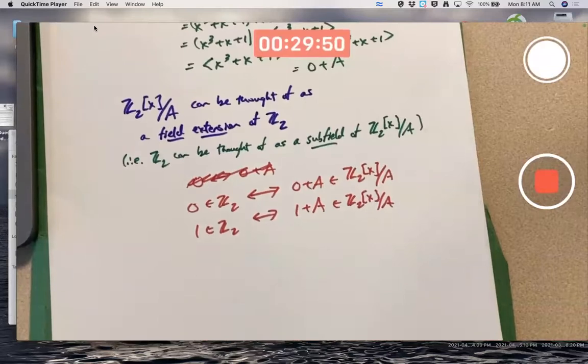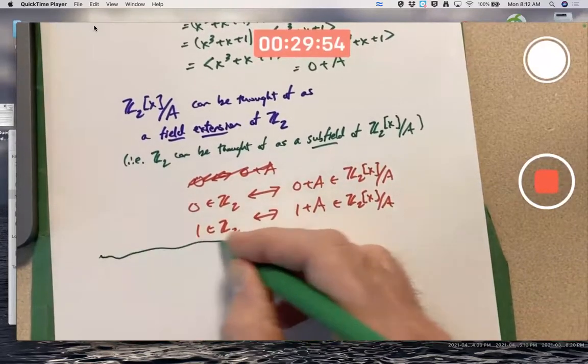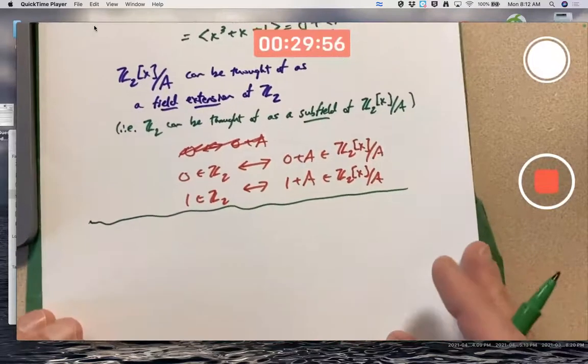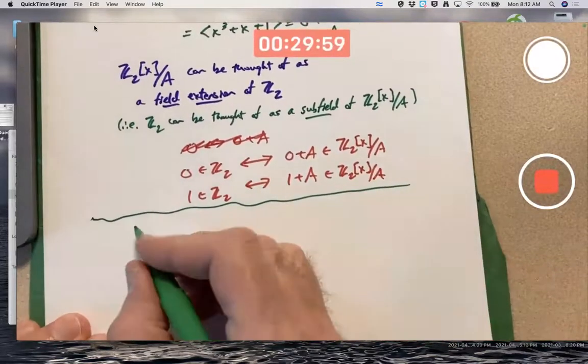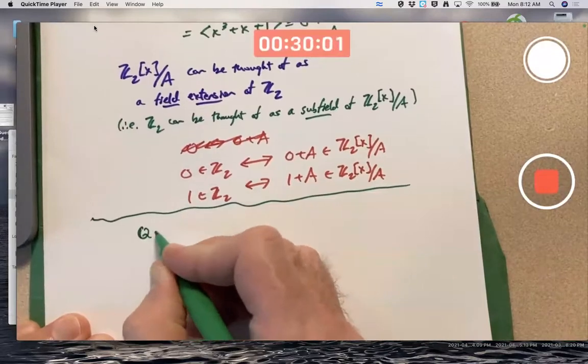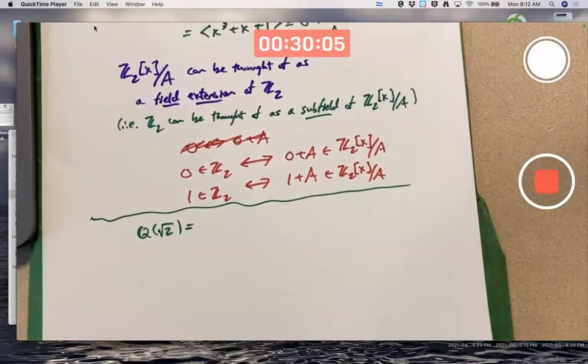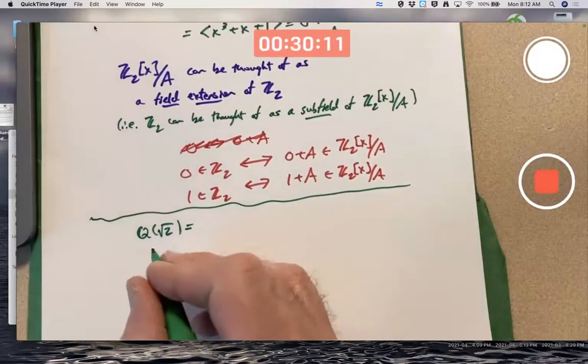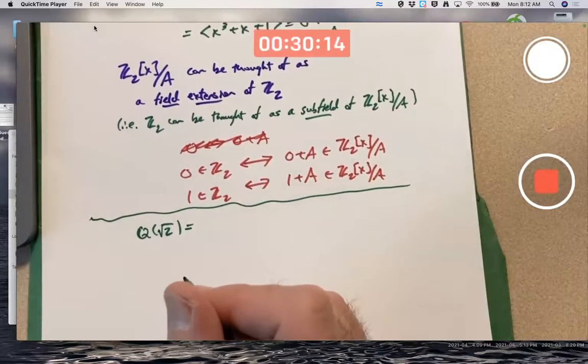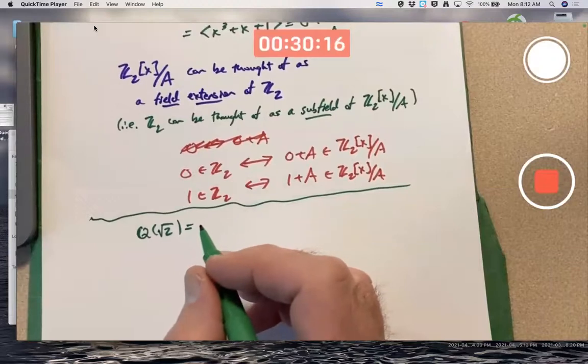As a non-modular example, this symbol right here, we've seen this before, although I think the book initially used a notation with square brackets around the square root of 2. This is called the field of rationals adjoin root 2.